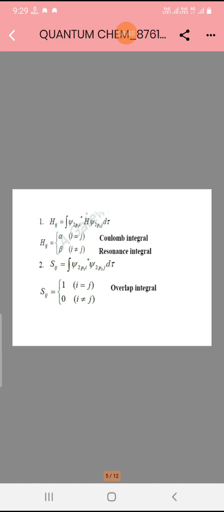So taking into account the assumptions of Hückel molecular orbital theory, the secular determinant reduces to: first row alpha minus E, beta; second row beta, alpha minus E; equal to 0.